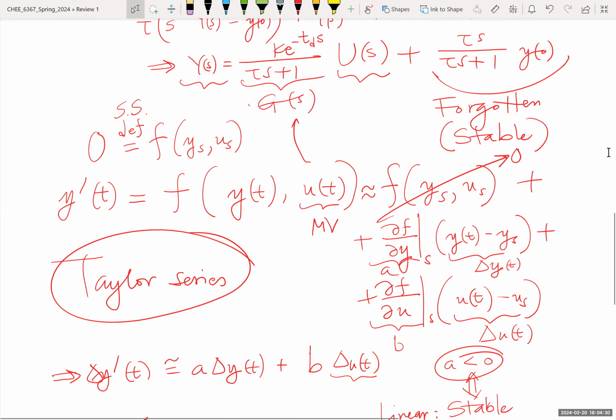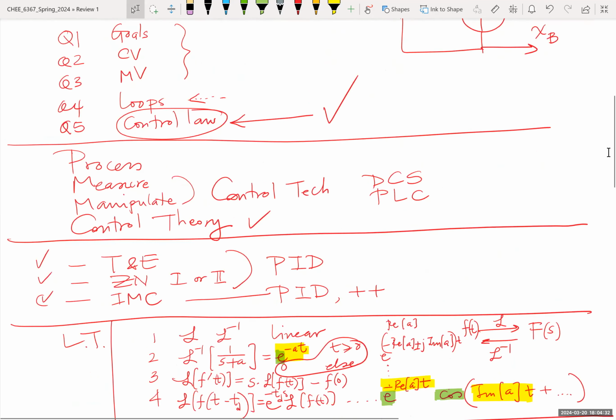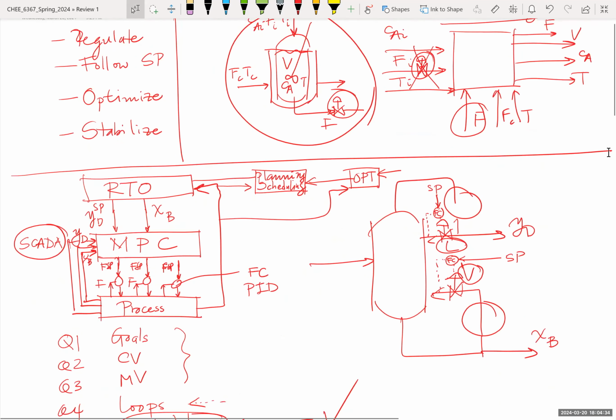Incidentally, where they do deal with nonlinearities seriously is here at the RTO level, real-time optimization. But here the optimization is done assuming steady state systems, because this is over the next 8 or 12 hours, my shift. Where should the plant be running?